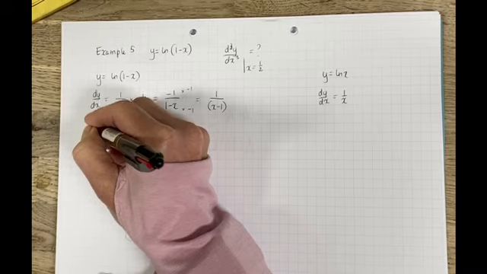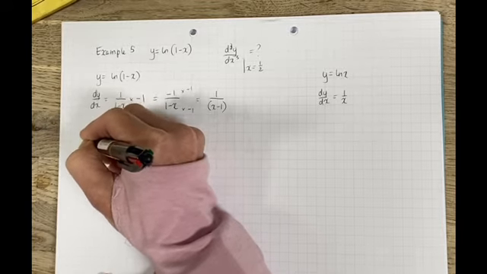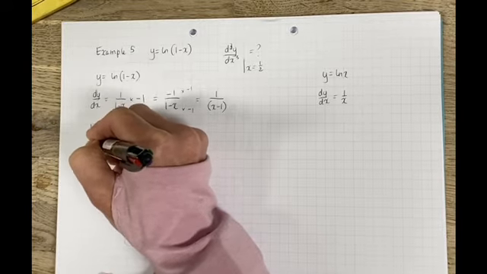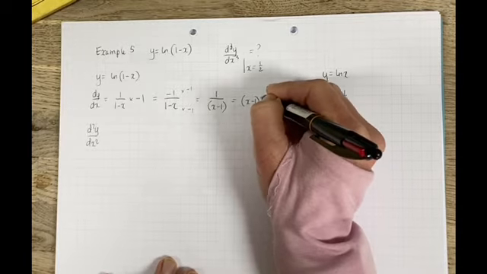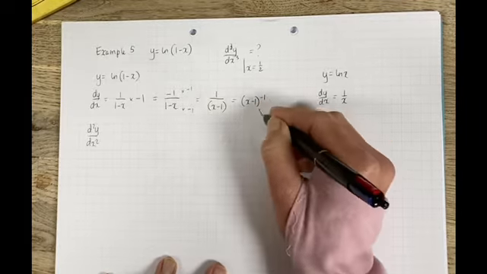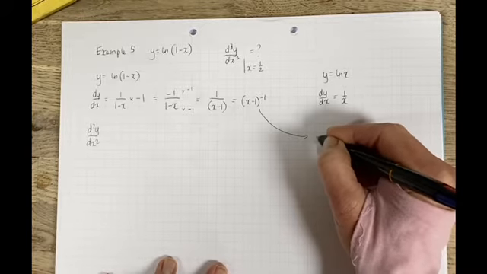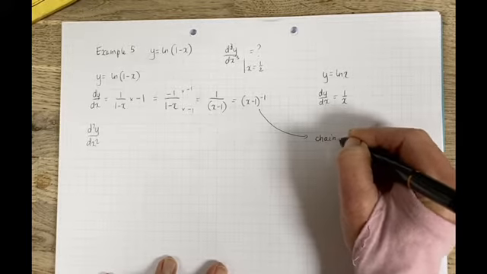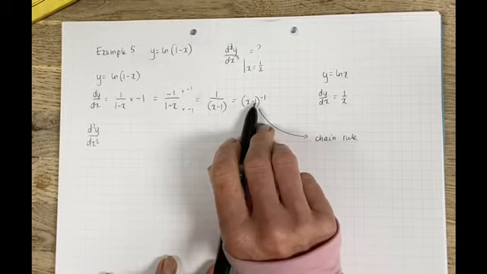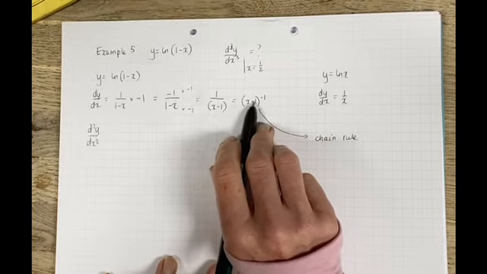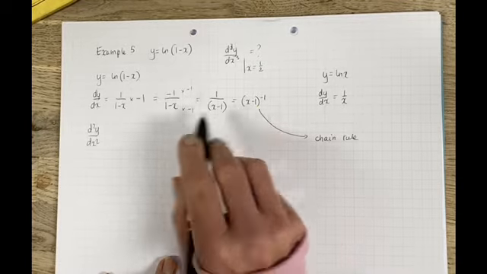So let's differentiate this function to get d2y/dx squared. If you rewrite it as x minus 1 to the power of minus 1, here we can use the chain rule, a really quick chain rule. A linear bracket to the power of minus 1, you differentiate as if you were differentiating x to the power of minus 1.